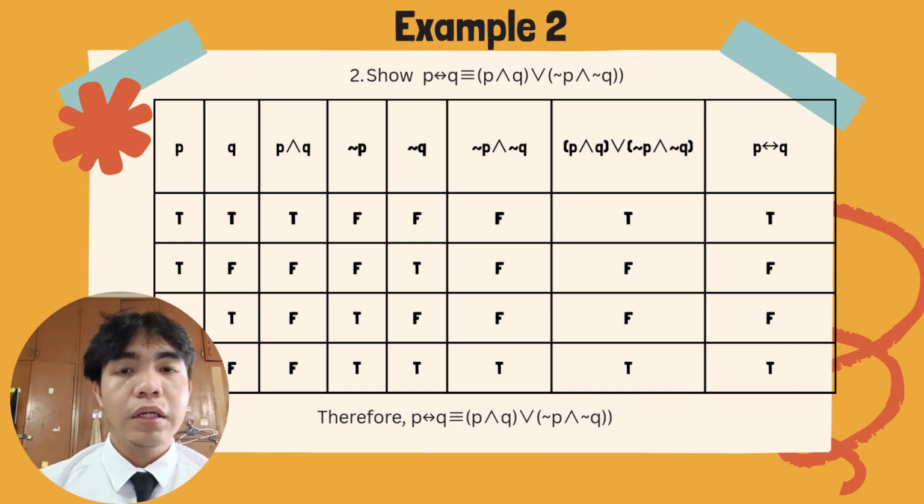Then we solve the question by finding the truth values of (P ∧ Q) ∨ (¬P ∧ ¬Q), and find also the truth values of P ↔ Q. We can see that both of the truth values are the same. Therefore, P ↔ Q is equivalent to (P ∧ Q) ∨ (¬P ∧ ¬Q).